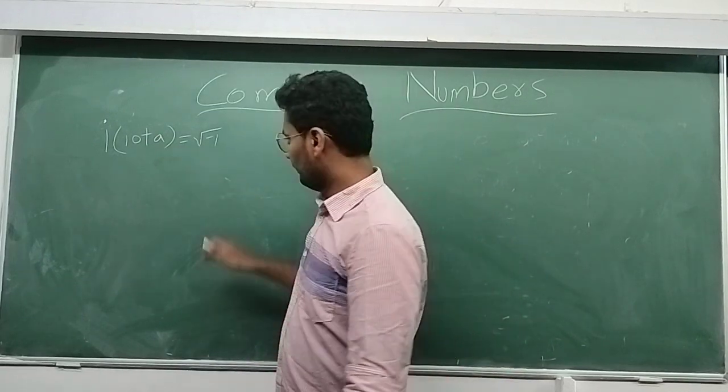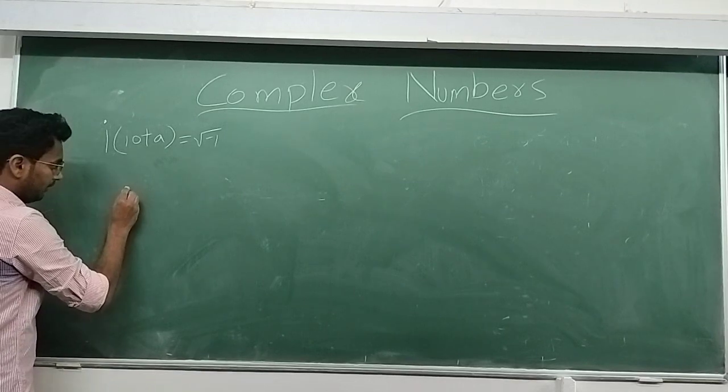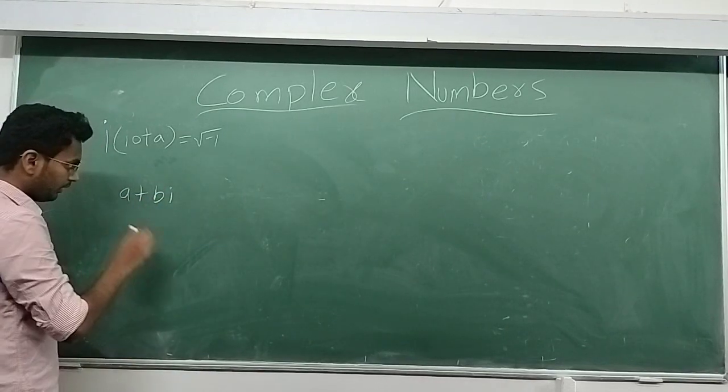And any complex number is of the form a plus ib.